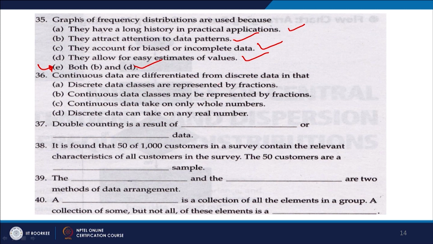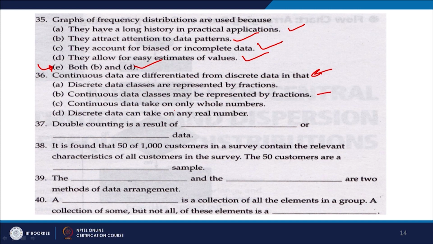Continuous data are differentiated from discrete data in that. So, just look at this once again. Continuous data are differentiated from discrete data in that discrete data classes are represented by fractions. Continuous data classes may be represented by fractions.